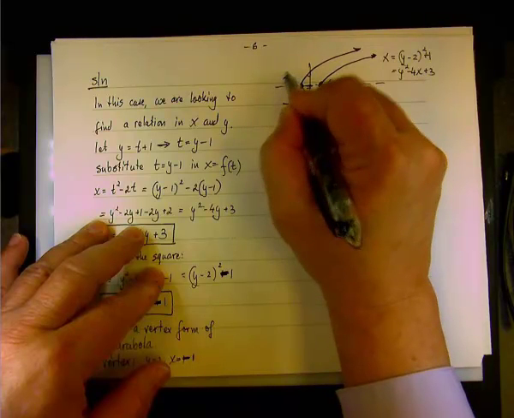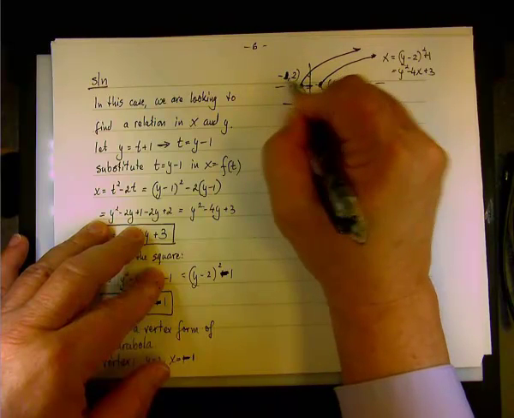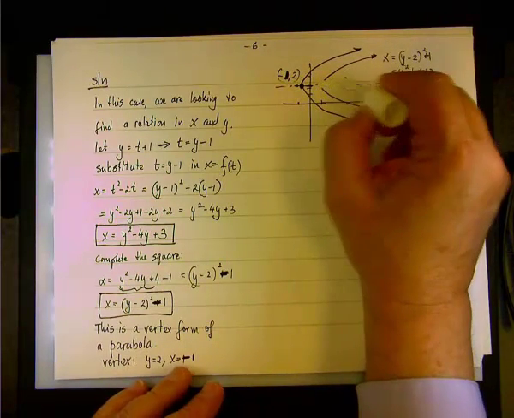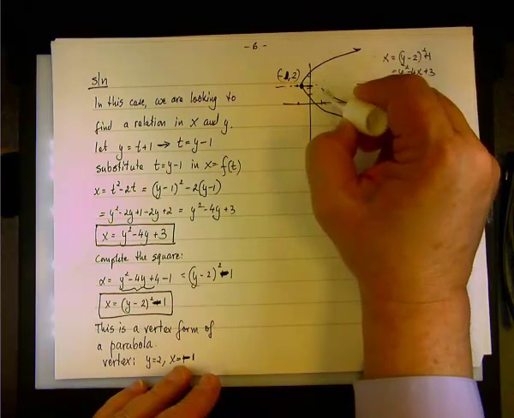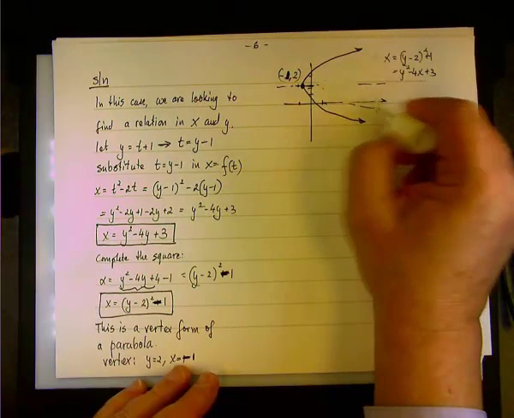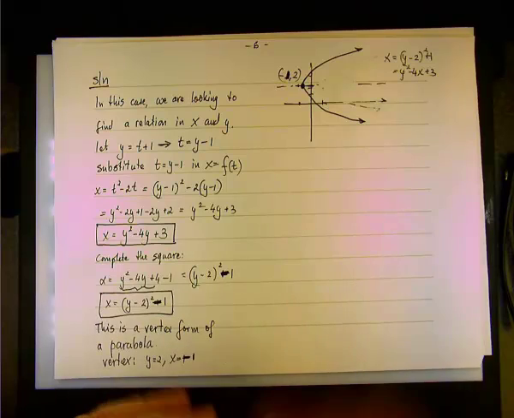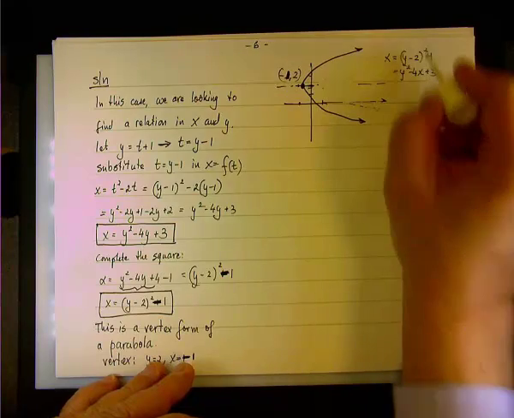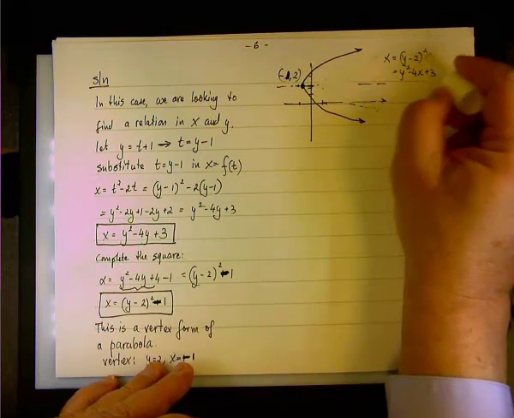So the vertex will be negative 1 and 2. Thanks for pointing this out. We need to erase what I did here as being incorrect. This is correct, but this one is minus 1.